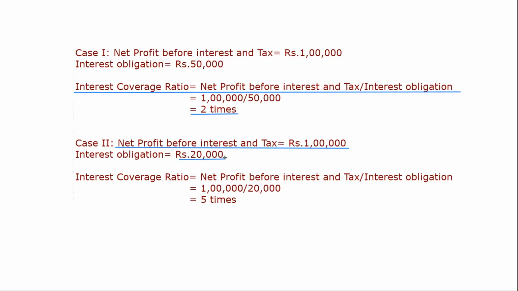If we put the values in the formula, we get 1 lakh upon 20,000, which is 5 times. Now you can very well see that the higher the ratio, the better it is.